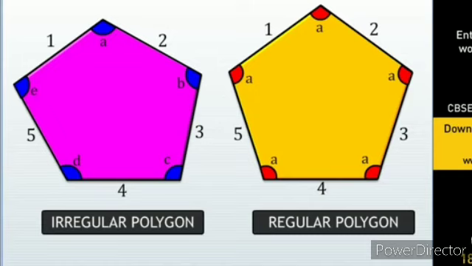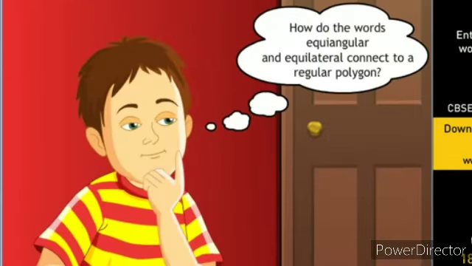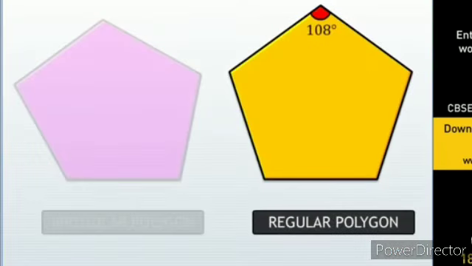To conclude, a regular polygon is equiangular and equilateral. If a polygon satisfies these 2 conditions, then it is said to be a regular polygon. How do the words equiangular and equilateral connect to a regular polygon? Okay.